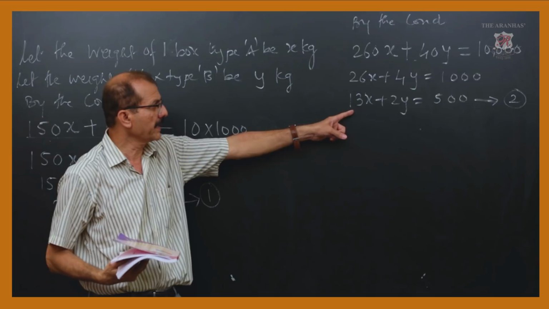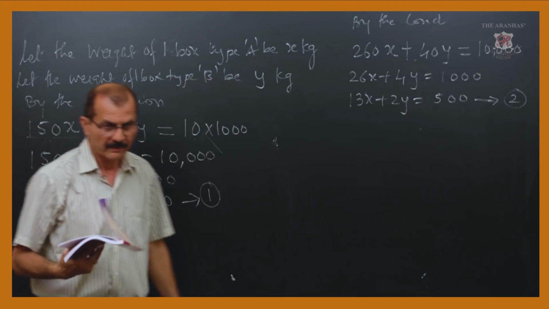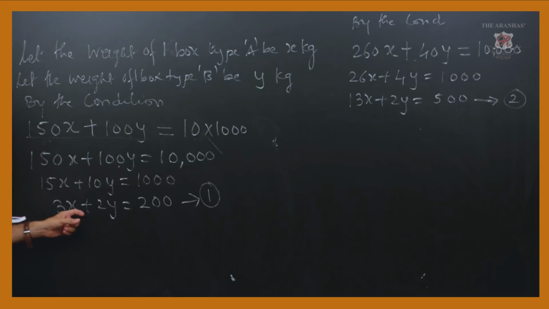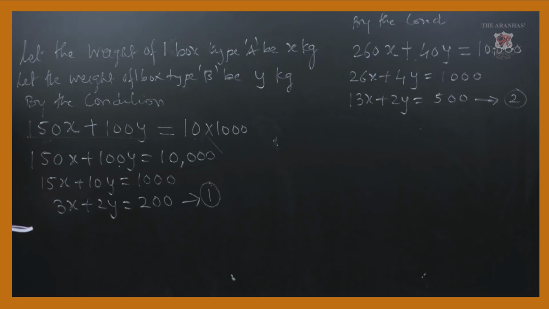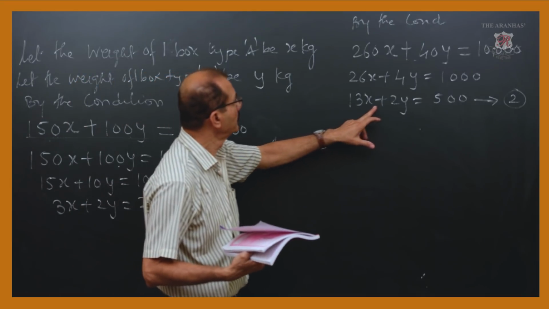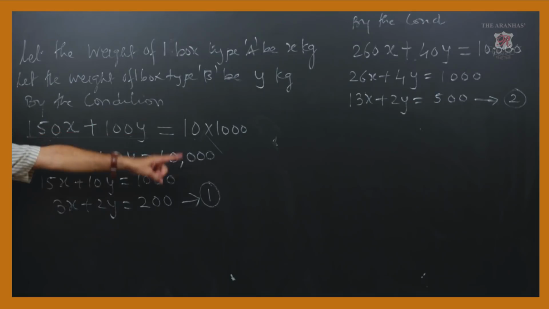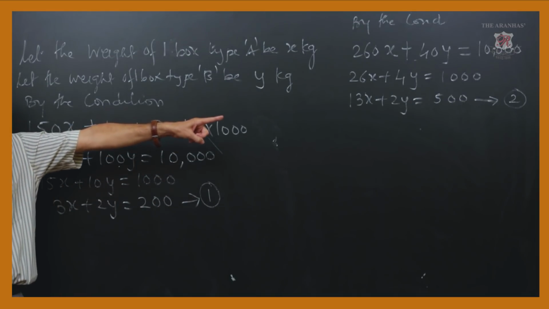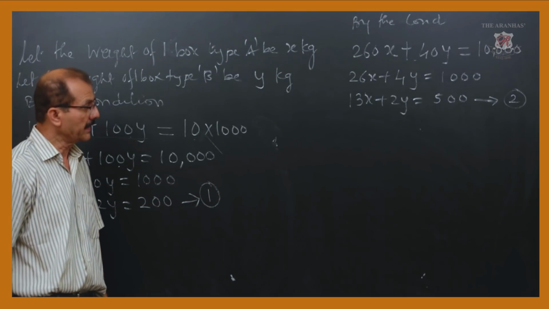So, I got the second equation, 13x plus 2y is equals to 500. My first equation is 3x plus 2y is equals to 200. Now, we got equation number 1 and equation number 2. Now, we have to solve this equation number 1 and 2 simultaneously.